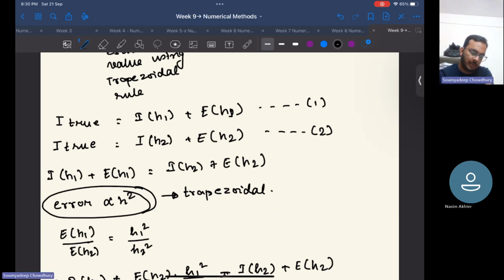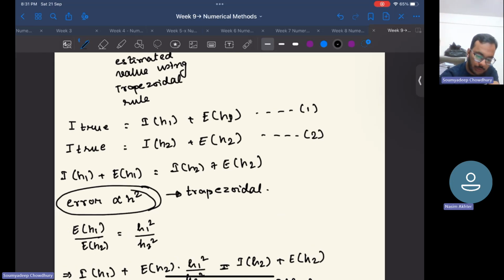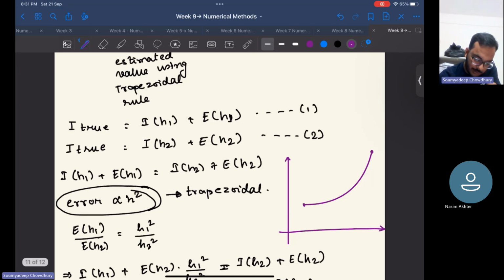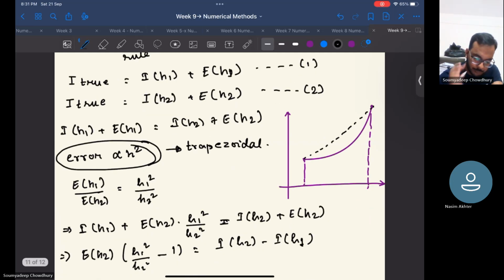So graphically, there is nothing to explain actually here. But I'll just try. Suppose this is your function, okay? Suppose first I'm using this h. The whole thing I'm trying to represent by a straight line, so you can understand what your error is here.